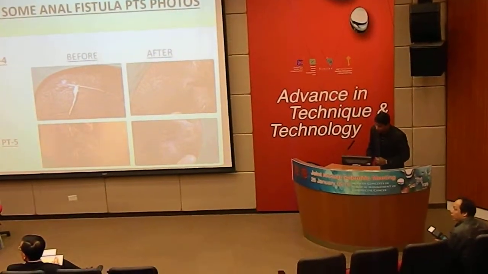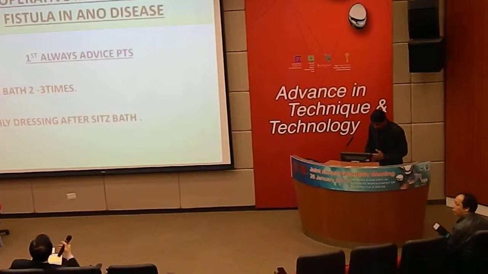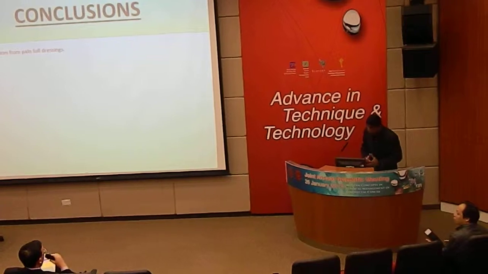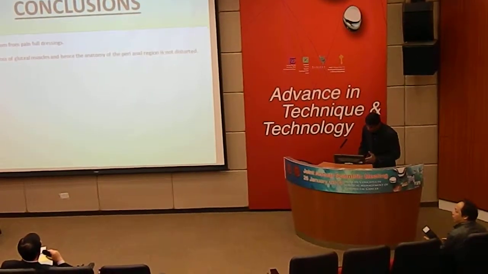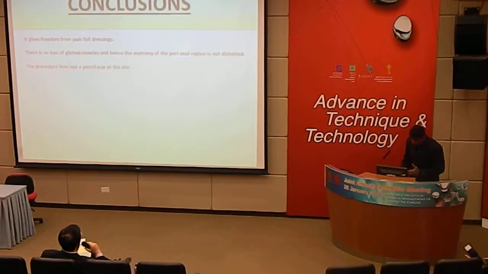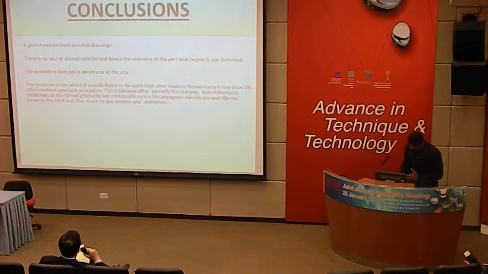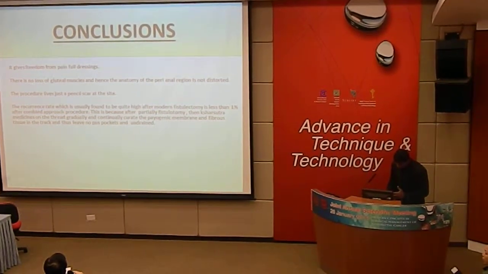Sir, I want to give some conclusion. It gives freedom from painful dressings. There is no loss of gluteal muscles and hence the anatomy of the perineum is not distorted. The procedure leaves just a small cut at the side. The recurrence rate, which is usually found to be quite high after modern fistula surgery, is less than 1% after the combined approach procedure.